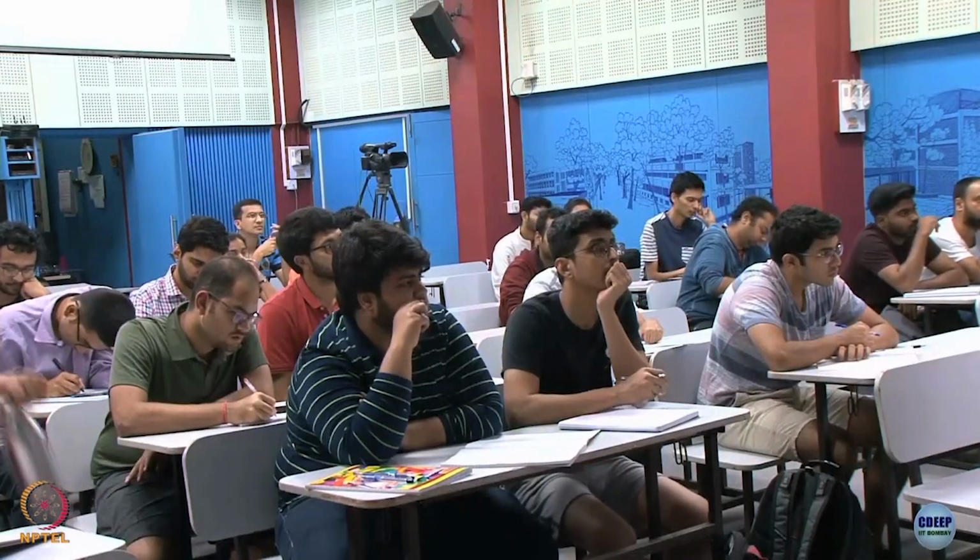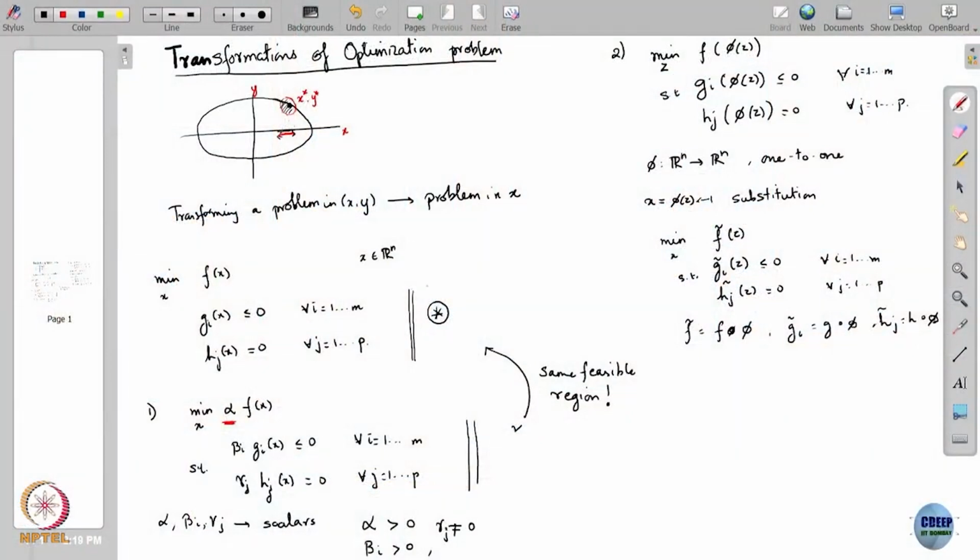So in what sense are these two equivalent? If I have a solution, let's say x star is a solution of star, then z star, which is phi inverse of x star, is a solution of 2.